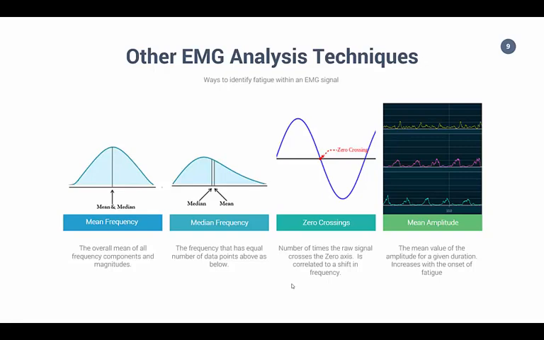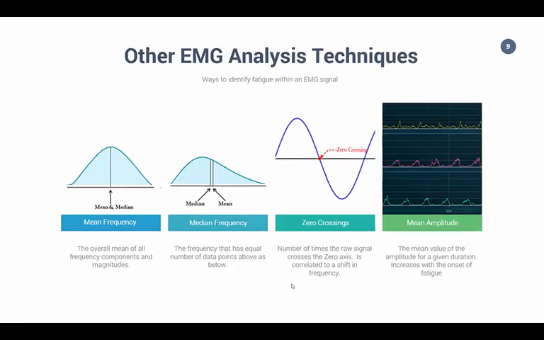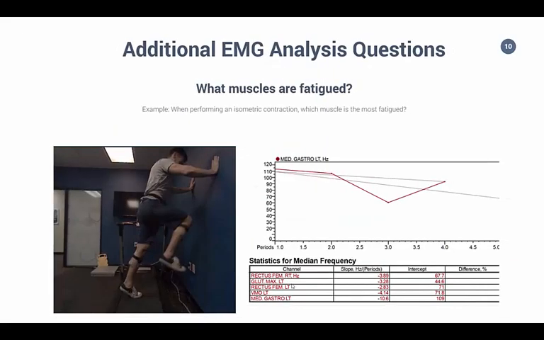Each of these parameters and assessing how they change over time gives us the ability to understand that muscle recruitment pattern and how it changes as things progress, as things become more difficult, or as this muscle becomes more tired. For example, when performing an isometric contraction, we can see at which point the muscle begins to fatigue, as well as the compensation patterns that might occur from repositioning the body.